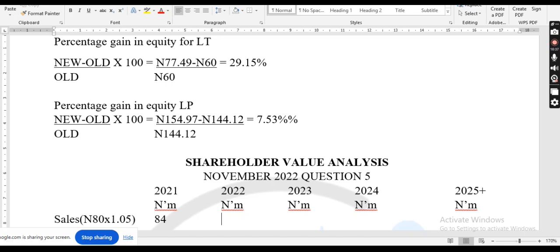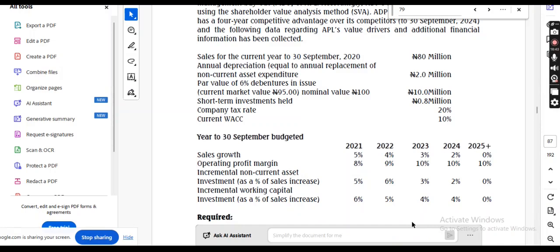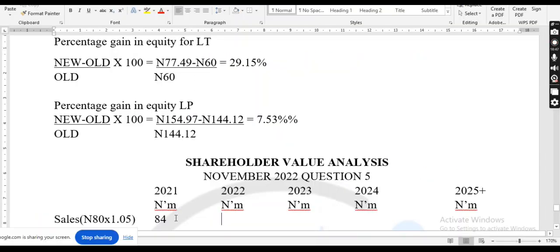Next, for 2022, they gave us the increase, 4%. So now the question is, which one are we increasing?